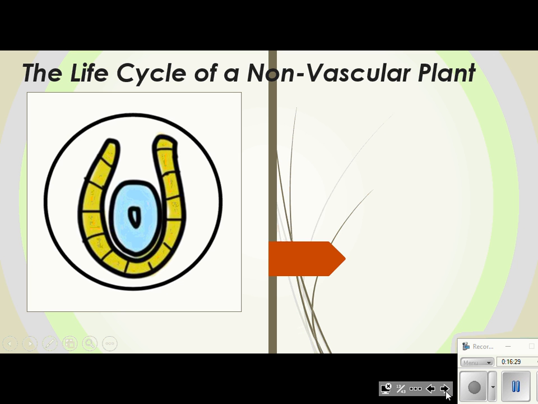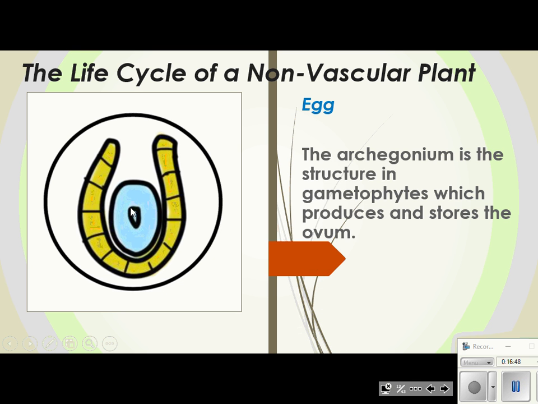The next part is the egg. Remember, what was the egg? The big blue section right here was the egg. The archegonium. The archegonium is the structure in gametophytes which produces and stores the ovum.